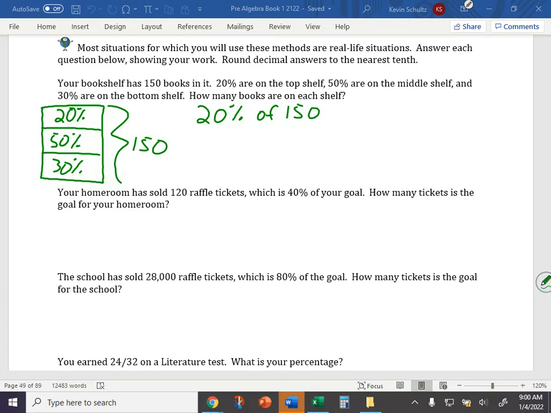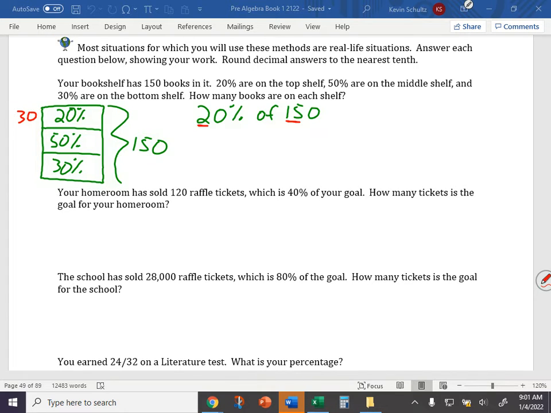This goes back to PO23, where we have that multiplication method. 2 times 15 equals 30. We know that there are 30 books on the top shelf. 50% of 150. Give me a method we can solve for 50% of 150, Blake.